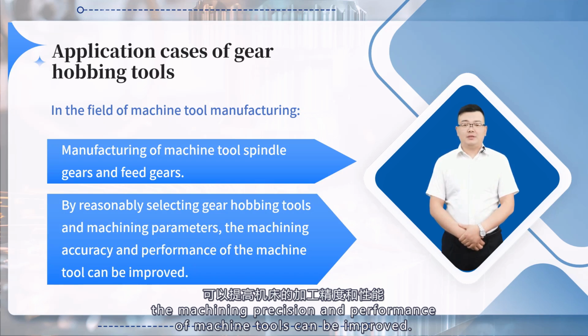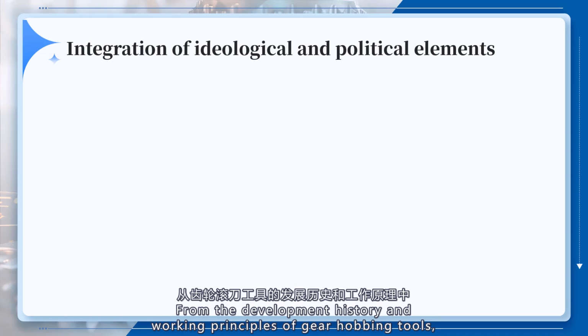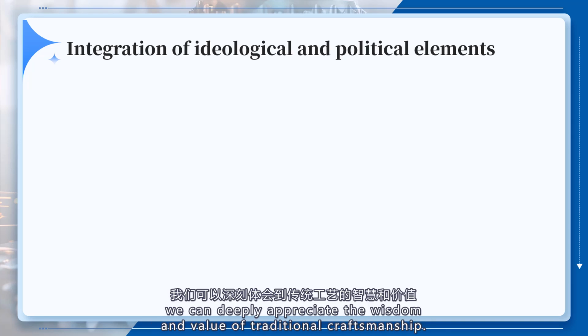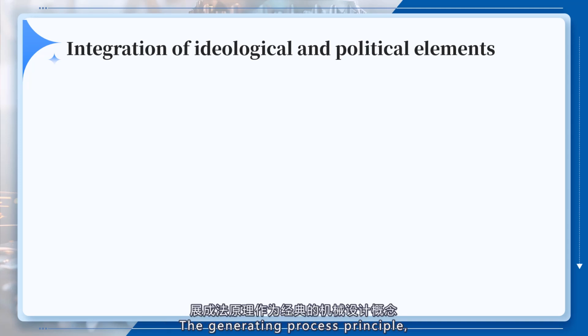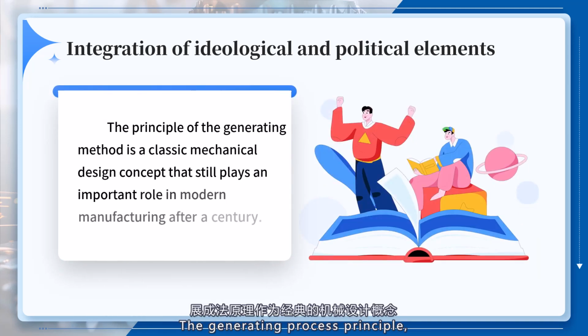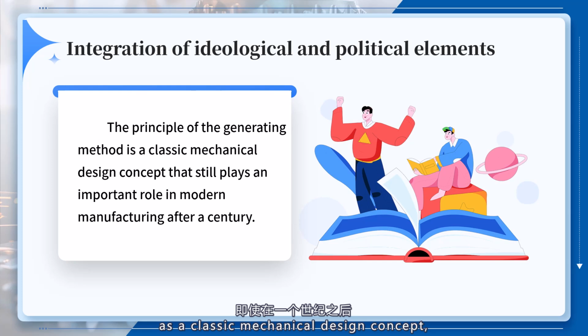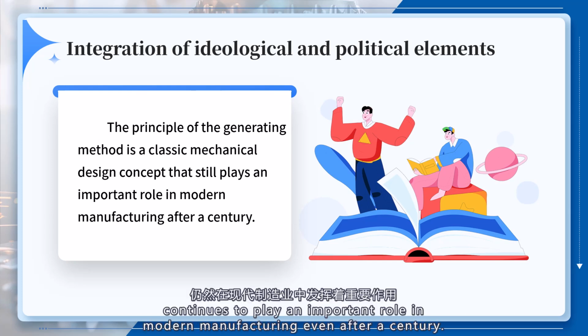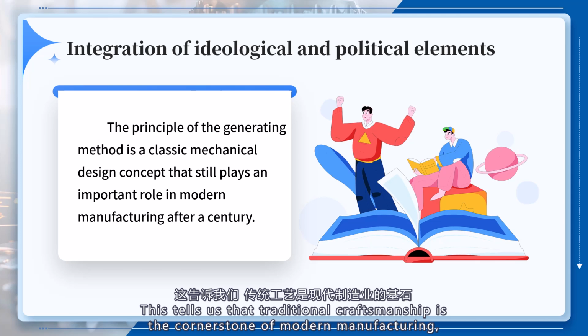From the development history and the working principles of gear hobbing tools, we can deeply appreciate the wisdom and value of traditional craftsmanship. The generating process principle, as a classic mechanical design concept, continues to play an important role in modern manufacturing even after a century.